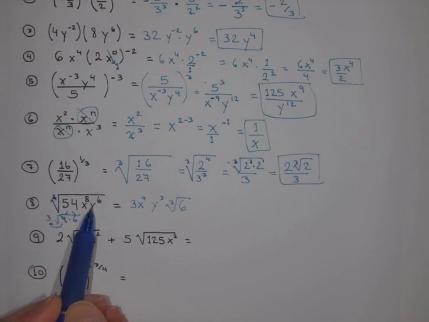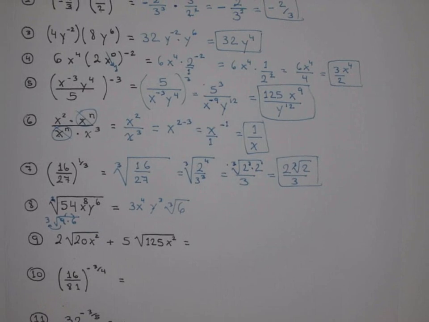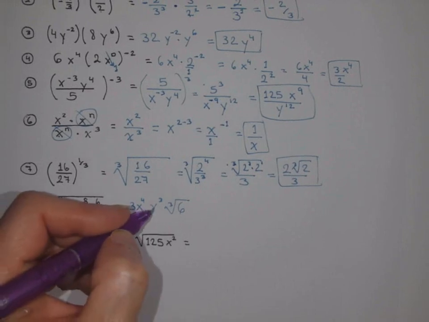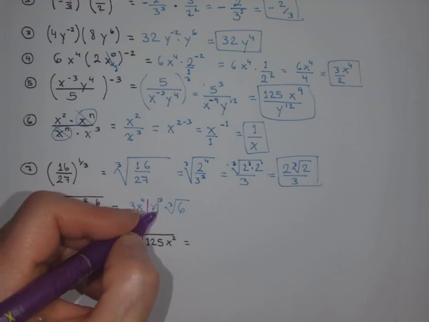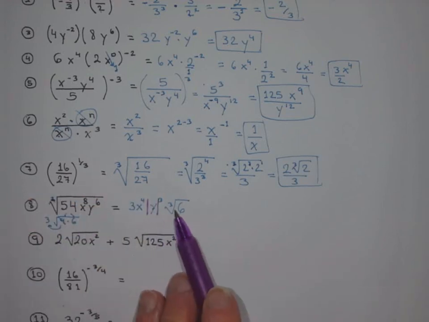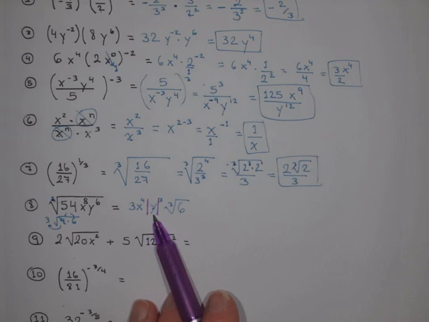We don't know what y is, and when it comes out, it becomes y cubed. If by chance y is a negative number, that would be bad because we cannot have a negative number coming out of an even root. So we're going to have to put absolute value around the y to guarantee that this is positive.